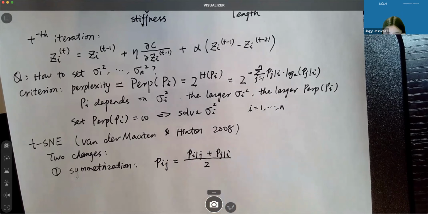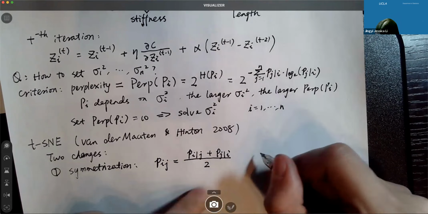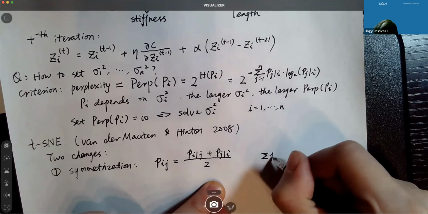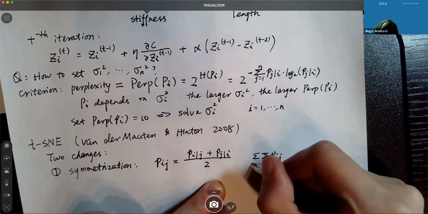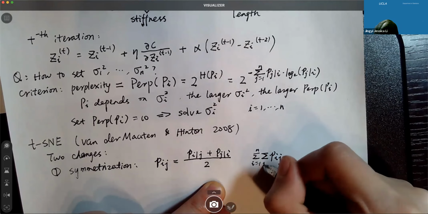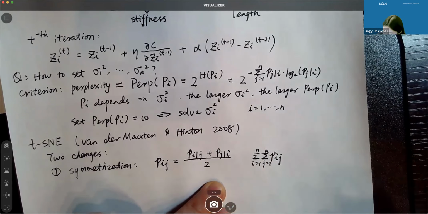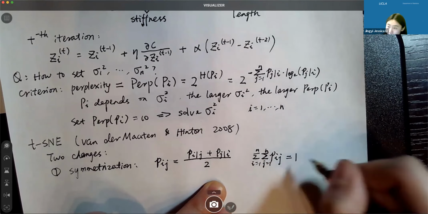But we're not there yet, since you are now going to assume that the double sum of Pij, i from 1 to n, j from 1 to n, should sum up to 1.